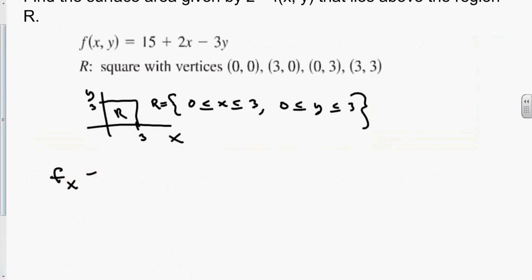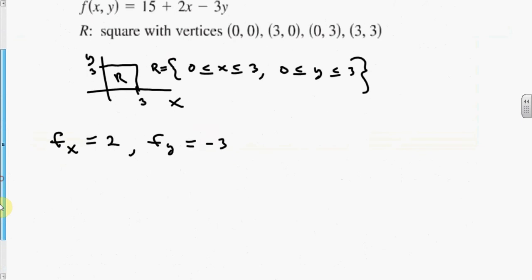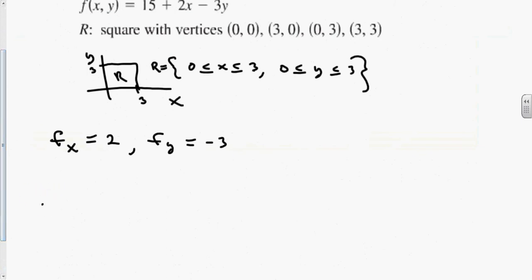We need those partial derivatives. Partial of f with respect to x is 2. The partial of f with respect to y is negative 3. So the surface area is this double integral. Here, x and y both go from 0 to 3.